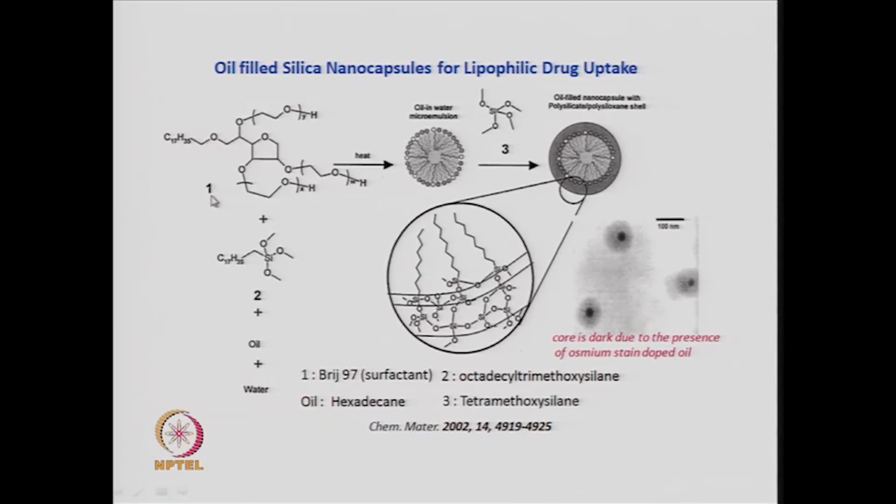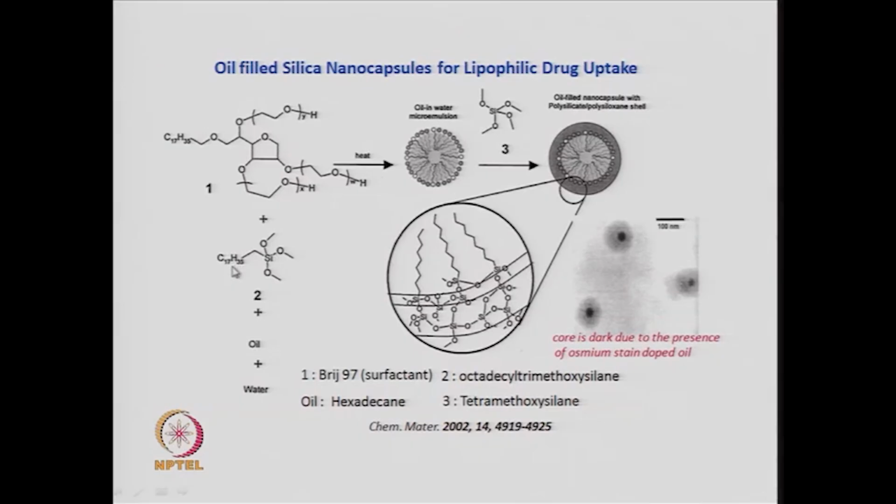So, if you take this surfactant, plus you have this molecule which is the non-aqueous medium or the oil which will be inside, hexadecane, you add along with it. This oil phase is the hexadecane phase, and this number 2 is actually octadecyl trimethoxysilane.